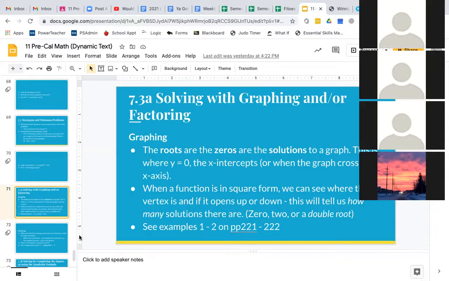Pretty please. 7.3 has like 4 mini lessons, so I split it up into 2 groups, 7.3A and then 7.3B.